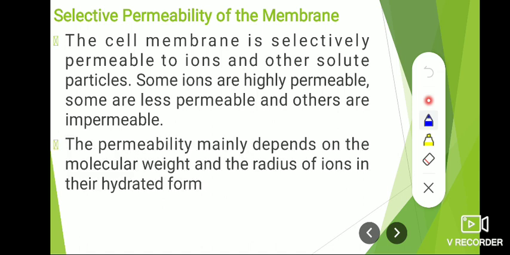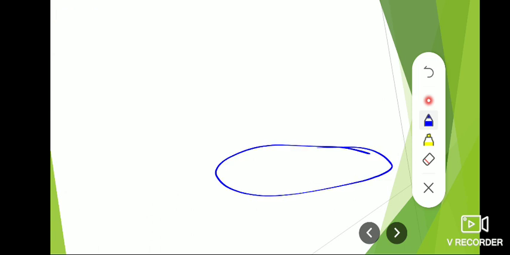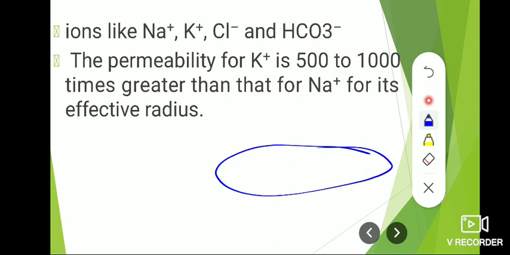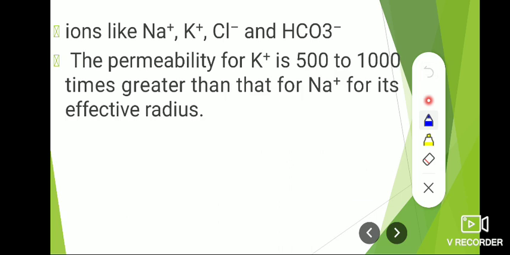Permeability mainly depends on the molecular weight and radius of ions in the hydrated form. Ions like sodium, potassium, chloride and HCO3 are commonly present in the ICF and ECF. Out of these, the permeability of potassium is almost 500 to 1000 times greater than that of sodium.